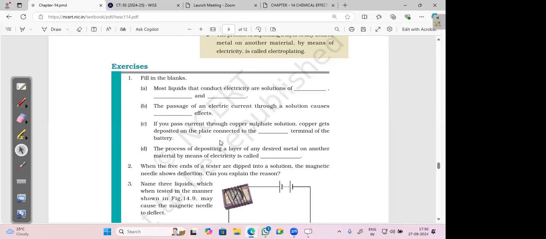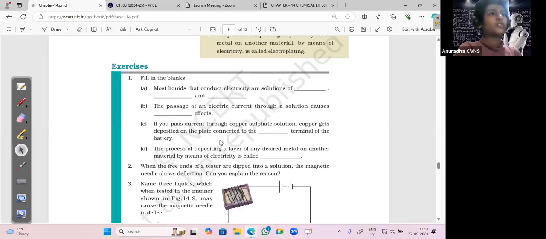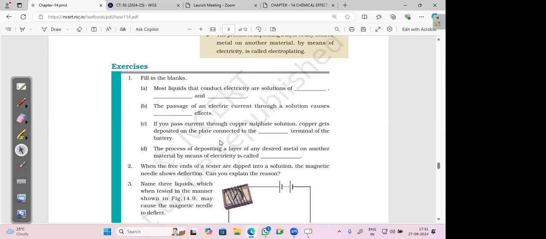The passage of electric current through a solution causes dash effects. Chemical effects. If you pass current through copper sulfate solution, copper gets deposited on the plate connected to the negative terminal.